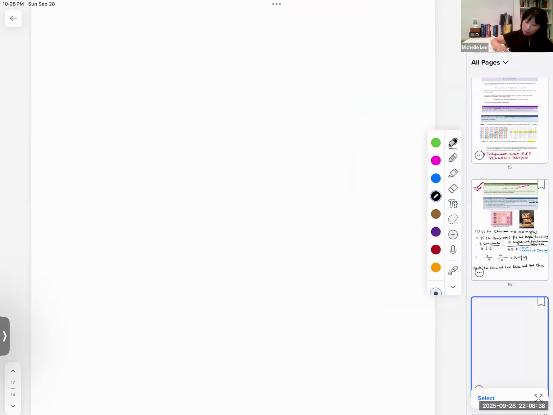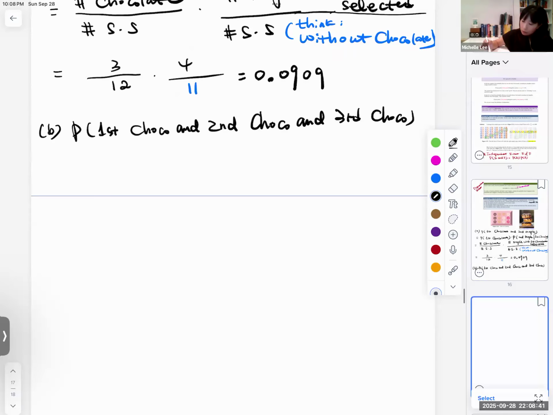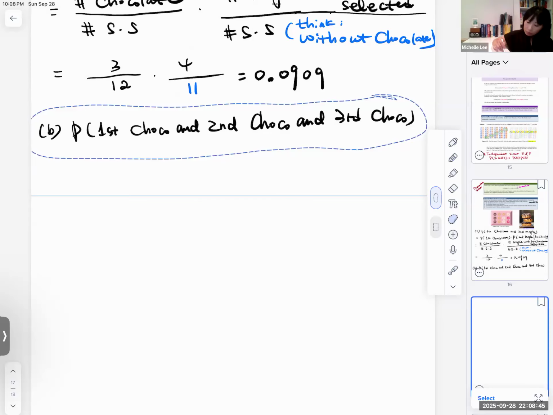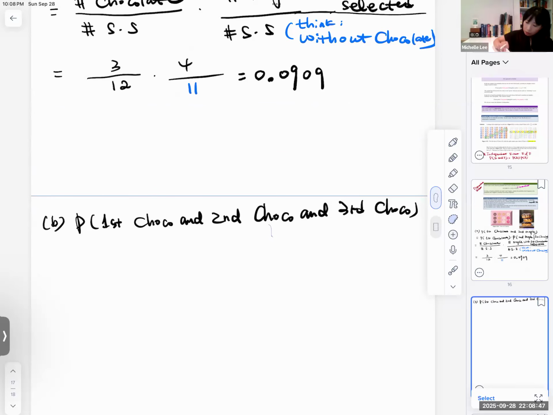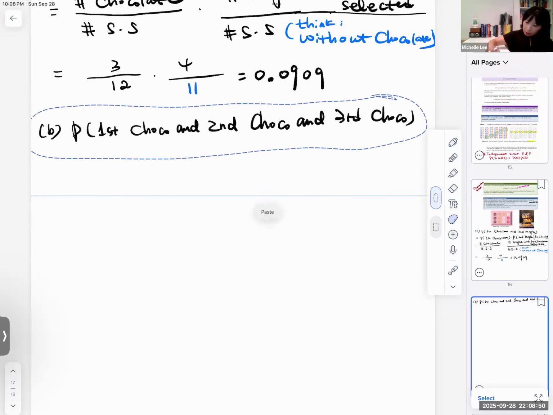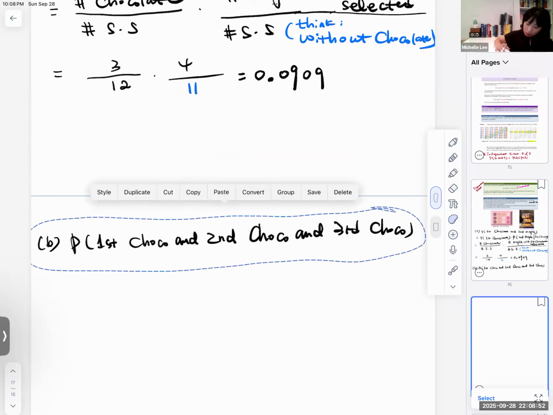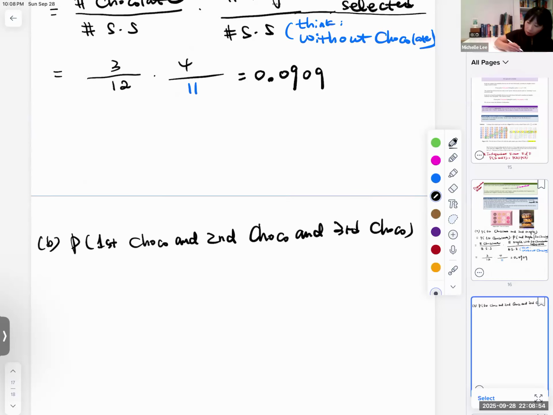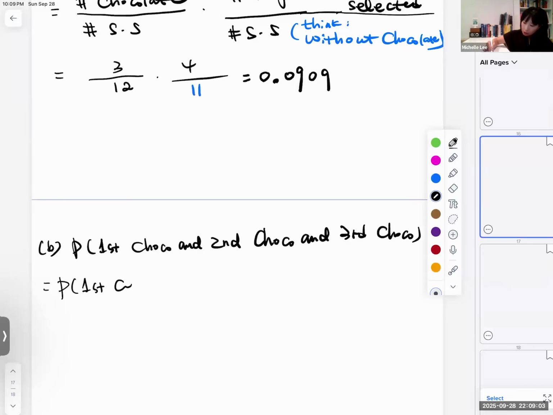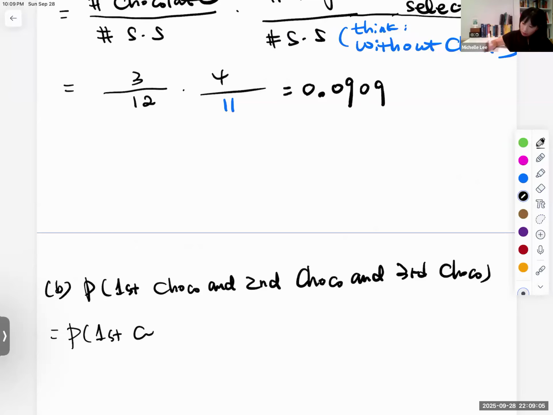Maybe this way. A lot of writing. Okay, so that means first chocolate, right? So this one, it's okay. First chocolate, right?